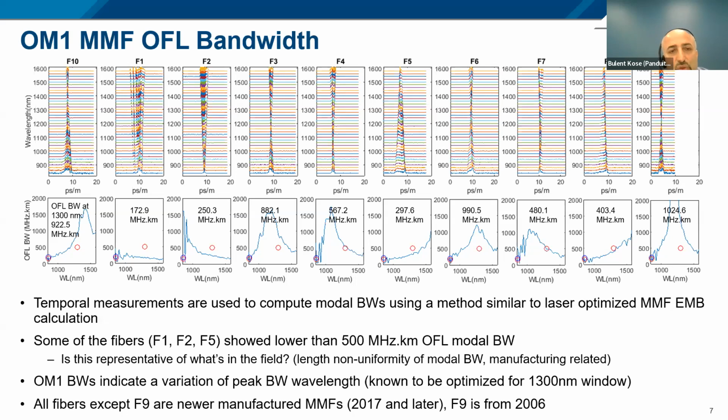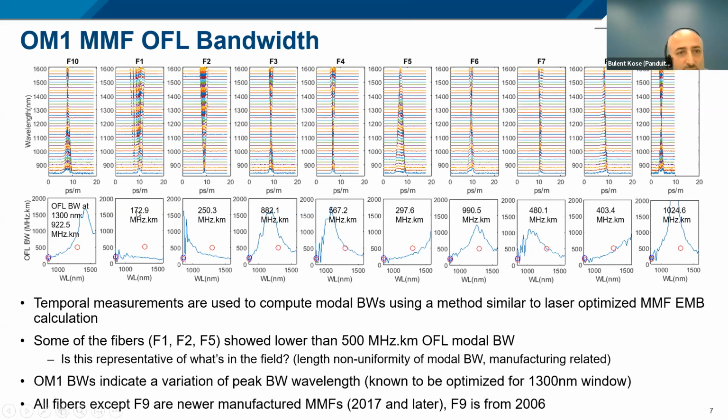However, due to manufacturing variations, the length variation, which we studied carefully in our lab here at Panduit, and this happens in all the manufacturing techniques, there's variability along the length. Some sections of this fiber could have a low overfill bandwidth.